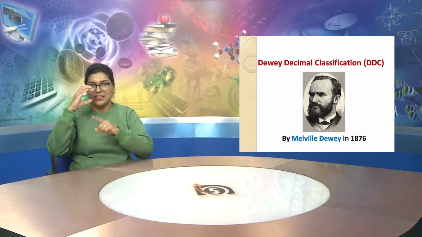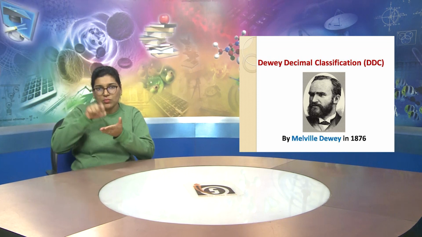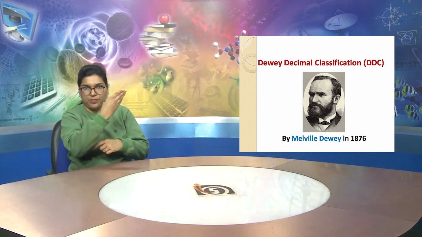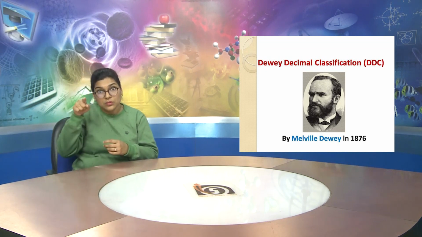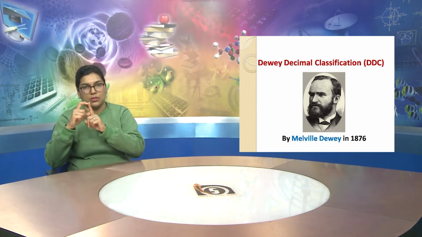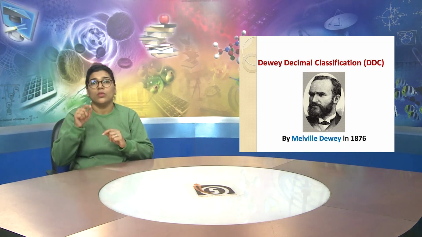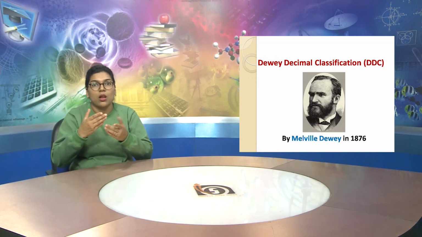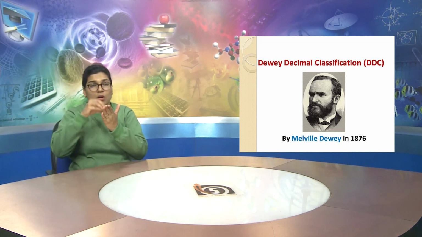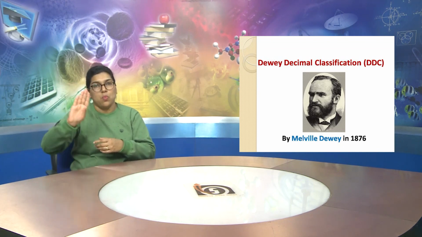Now let us understand the DDC classification type. You can see the image of Melville Dewey. He originally suggested this classification type in the year 1876.